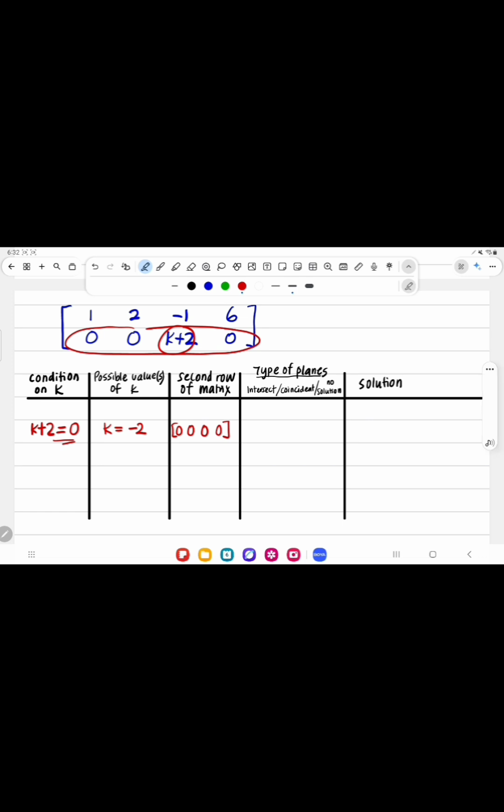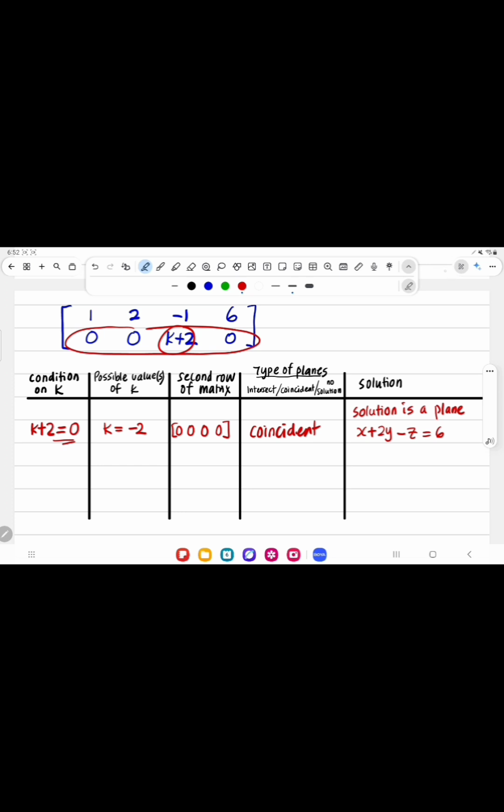Type of planes: the two planes are coincident. The solution is a plane, and the equation of the plane is x plus 2y minus z equals 6. The equation of the plane is the solution because the two planes are coincident.